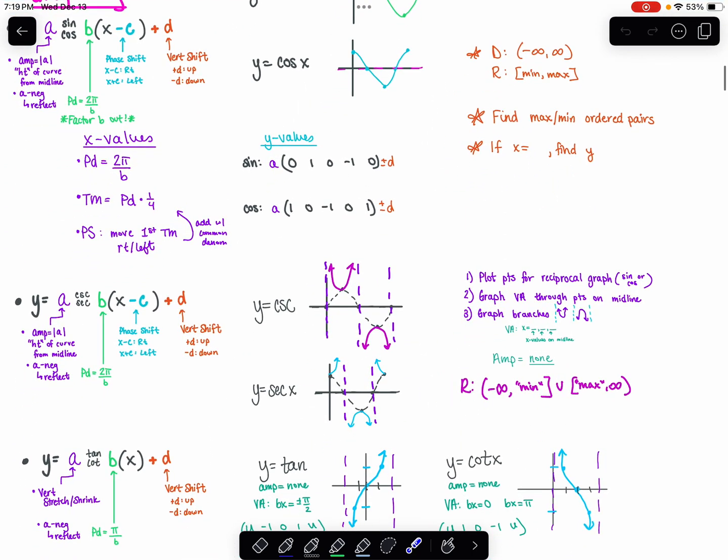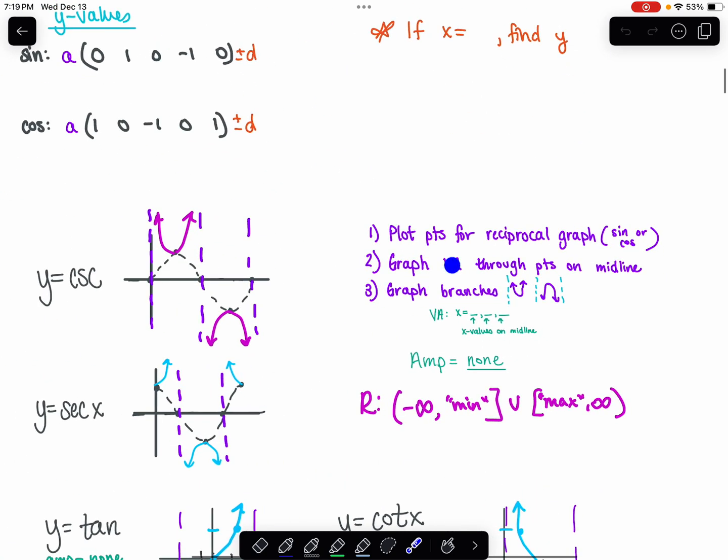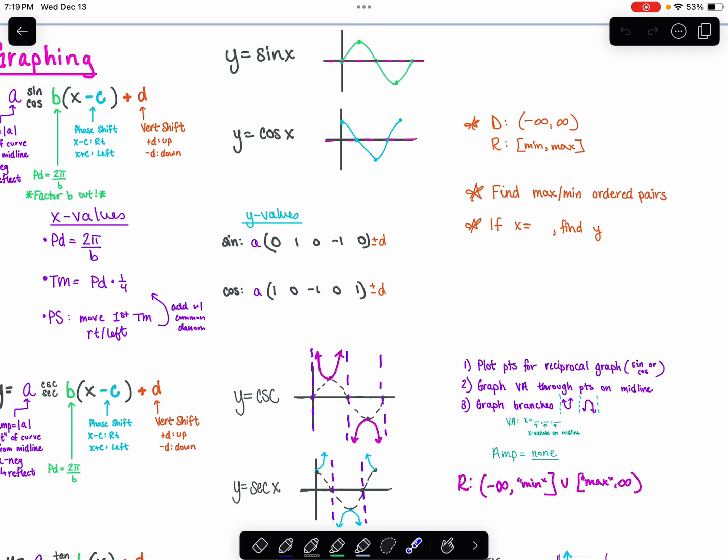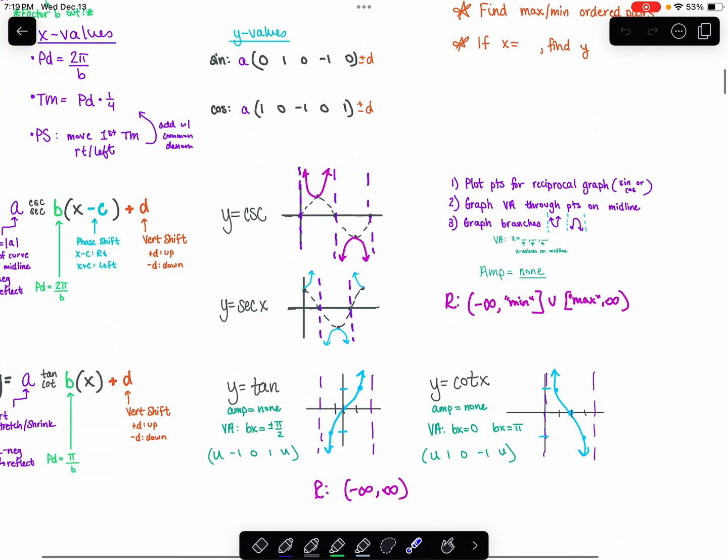So we do very similar things for secant and cosecant. We graph as if it were sine or cosine, but then wherever the points were on the midline, and remember sine has 3 points on the midline, cosine only has 2, that's where your vertical asymptotes are going to go. So then you graph the parent one or the original like sine one, and then you make your branches in between those asymptotes.